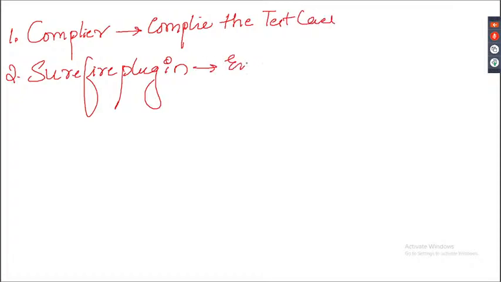The Surefire plugin is used for execution of the test cases. The compiler plugin is inbuilt, meaning it will come automatically; you don't need to install anything. But the Surefire plugin, you need to install it.